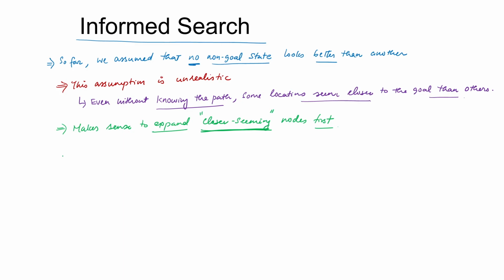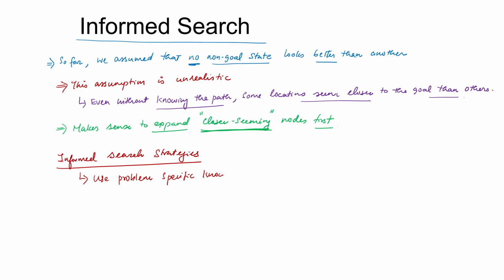So, the informed search strategies. What are some of the major informed search strategies? The first thing is you use problem specific knowledge.